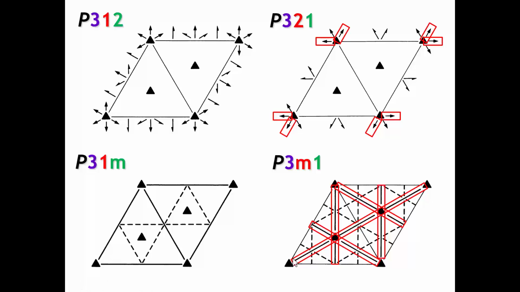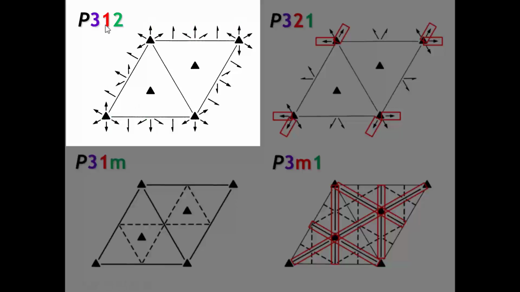Okay, now what would happen if we were to move that 2-fold axis, or that mirror, to the third position? So that's what we see on the left-hand side of this page. Now, because there's a 1 in the second position, there is no rotation axis parallel to A or B. Instead, we see it's in the third position.